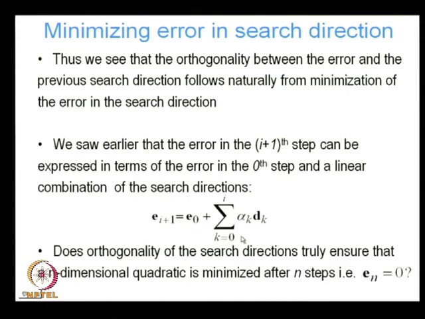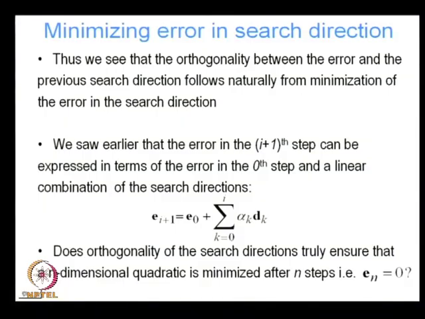Thus, we see that the orthogonality between the error and the previous search direction follows naturally from minimization of the error in the search direction. So, we minimize the error in the search direction, and this automatically leads to the orthogonality of the search direction with the error.